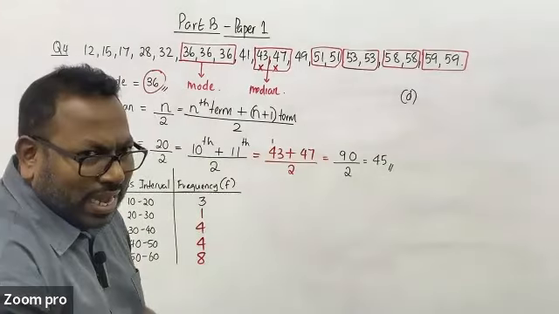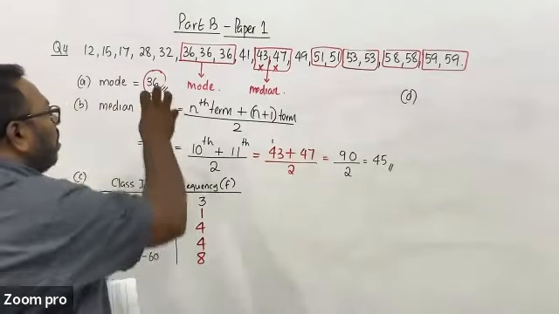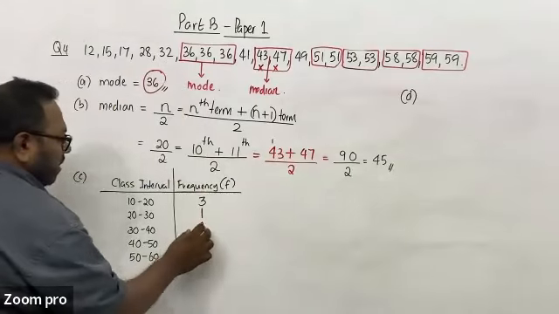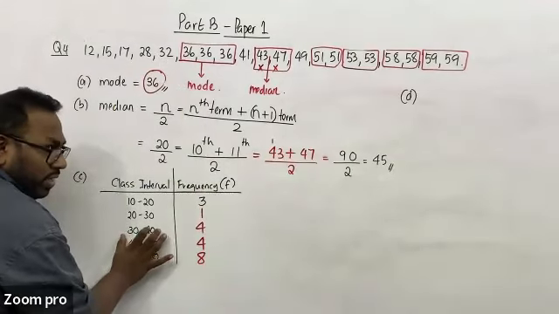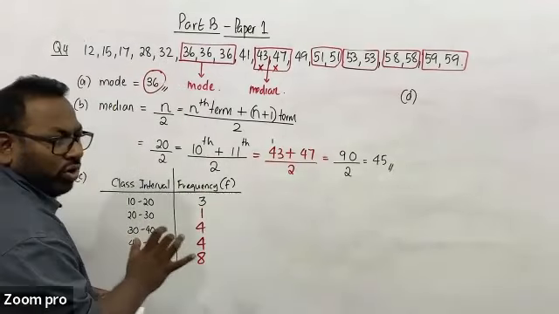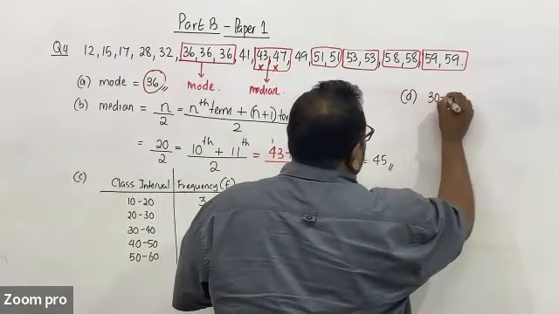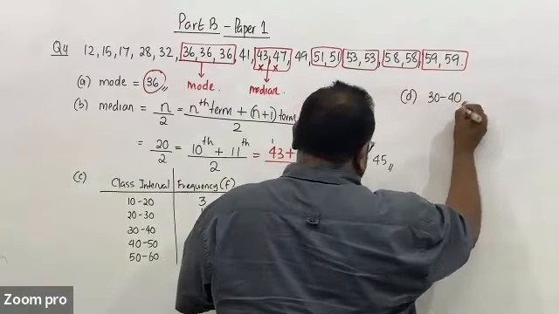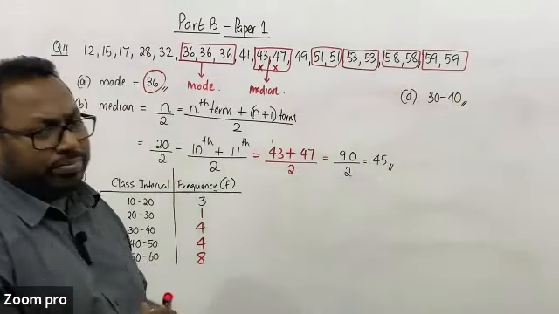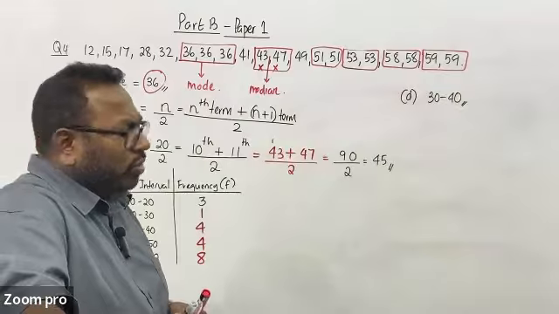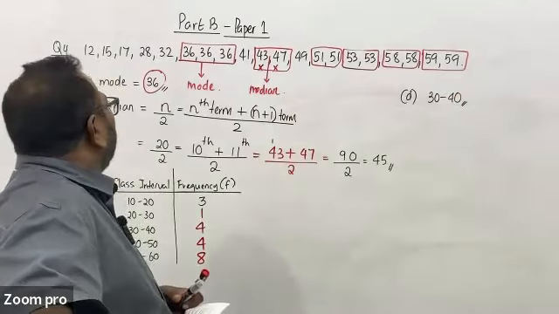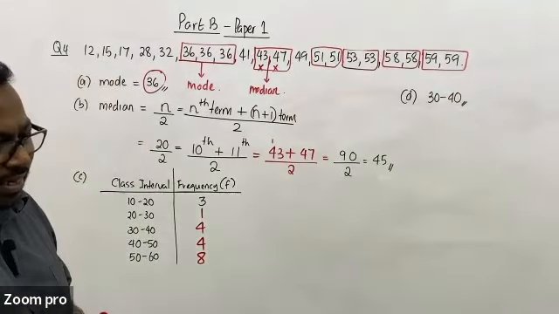And what class interval has got 36? Where will 36 come? In between 30 and 40. So your answer for question number D is 30 to 40. Okay. So question number 4 done for you all. So please take that down.